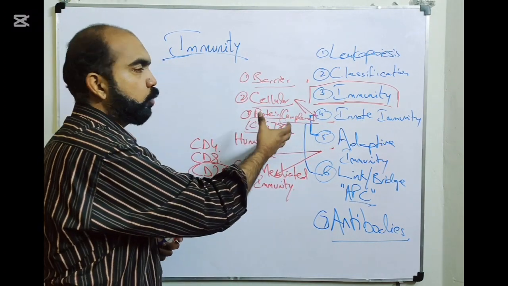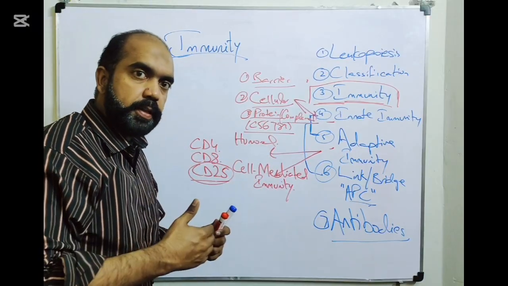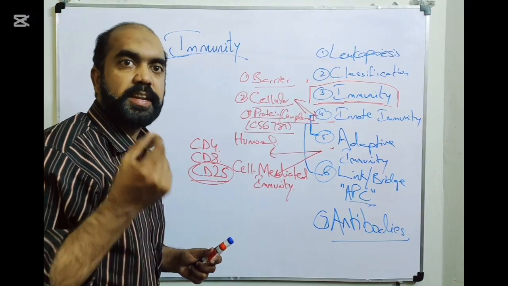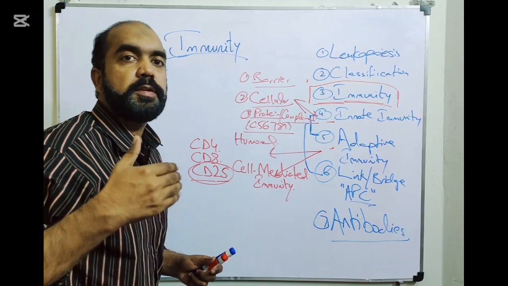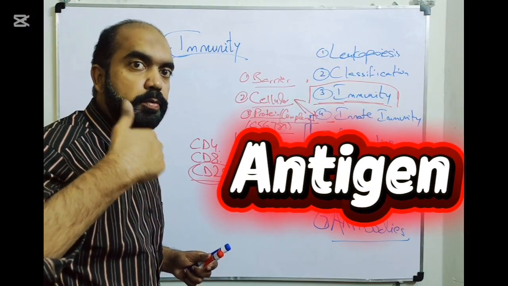So when the macrophages or neutrophils phagocytose and degrade the microorganism, maybe we get an antigen or any protein which can generate an immune response. So antigen is any substance which can generate an immune response.